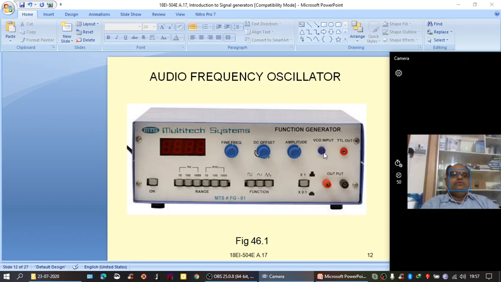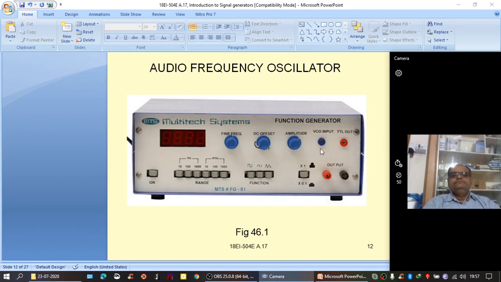Here VCO input can be provided from an external frequency generator. And TTL output, you can take the output from this to TTL circuits. Standard 1 kilohertz frequency signal would be available from here. So that is about this type of function generator.